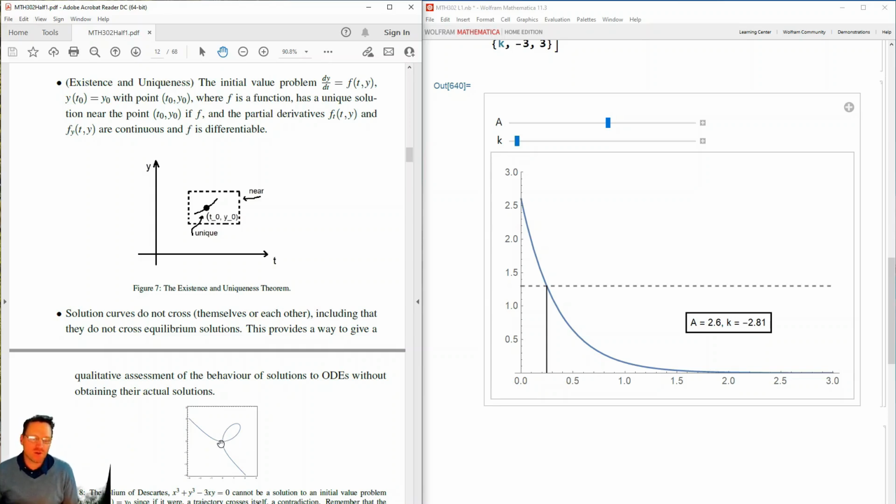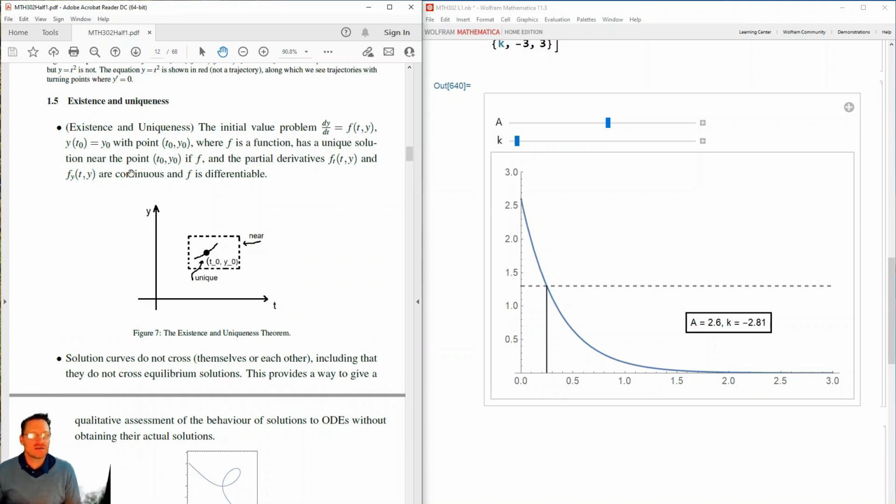So that's an example of a non-differentiable curve at the point 0, 0. So we require our curves to be differentiable and continuous. Okay, so a solution exists in some little region provided these things hold.